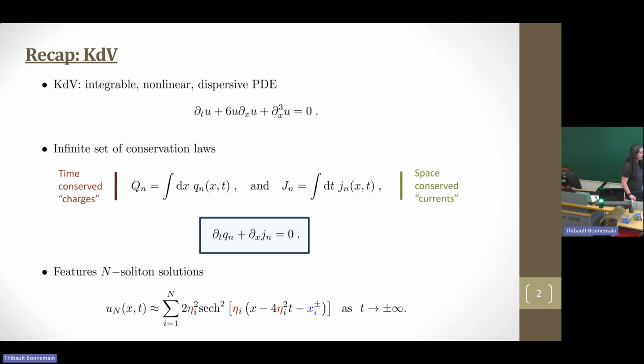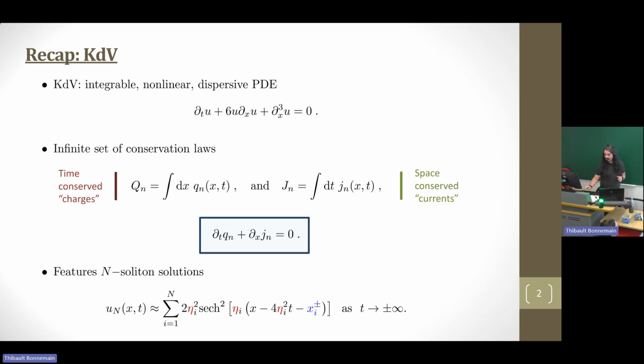These N couples of parameters eta and x are sufficient to reconstruct the solution at all times. They play the role of action-angle variables here.